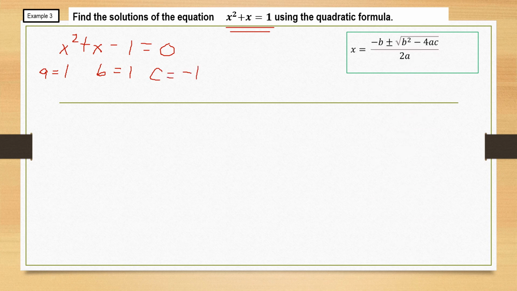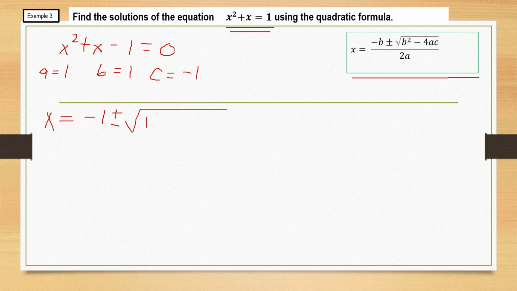Next step is that we will substitute the values of a, b, and c in the quadratic formula. x is equal to negative b plus minus the square root of b squared minus 4ac all over 2a. So we have x is equal to negative the value of b, which is 1, plus minus the square root of b squared.